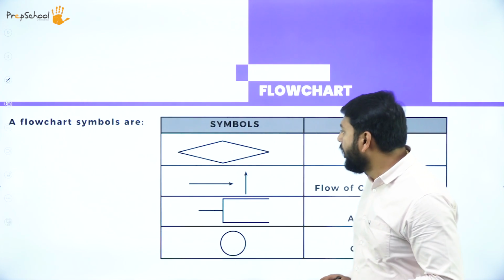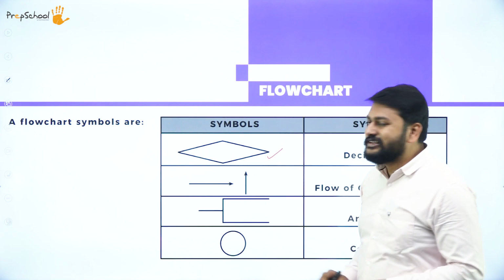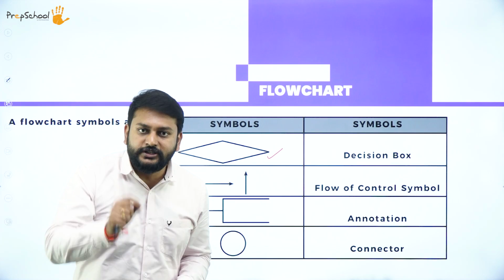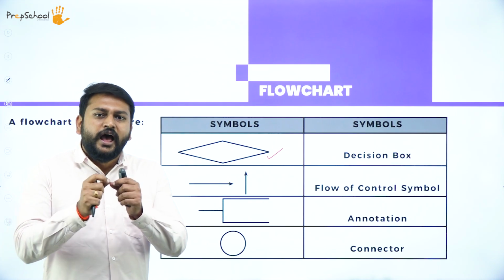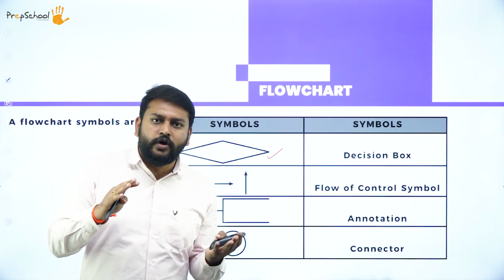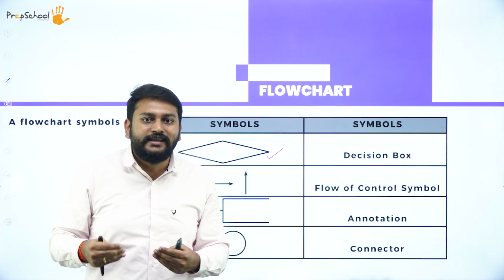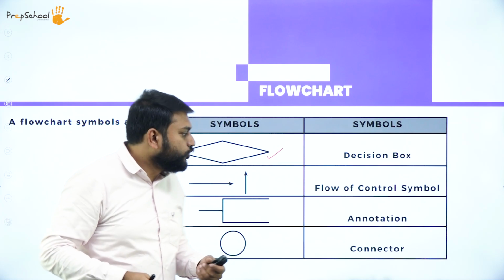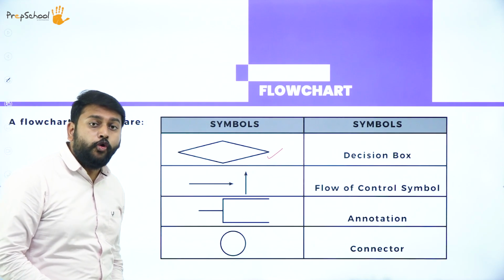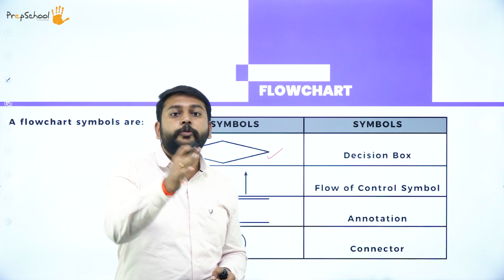All right, moving forward. Suppose I have this diamond shape, this is what we call a rhombus. If you are making any decisions, say for example, I'm using if statements, I have yes or no, I have to take a decision. In that situation, you use this kind of symbol. And then to depict the flow of control, you will be using the arrow mark.